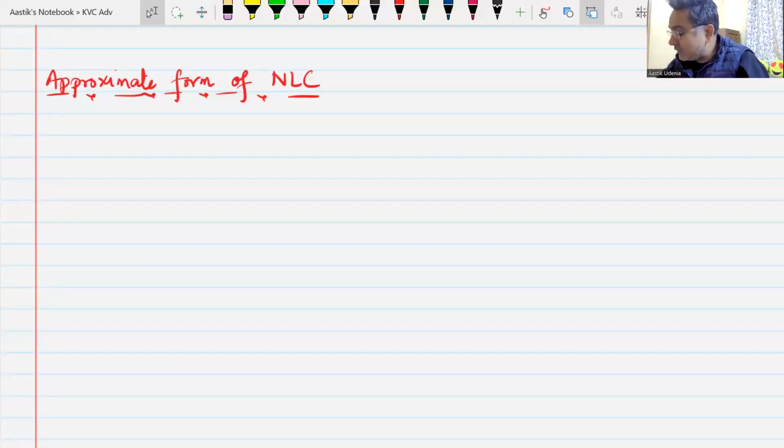Now, sometimes instead of using the original form of Newton's law of cooling, we are going to use the approximate form. What is this approximate form?